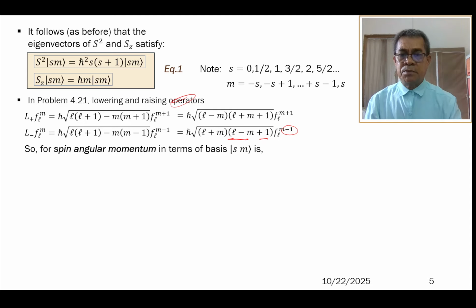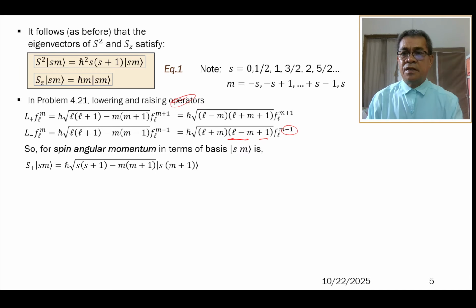Now, in spin angular momentum, in the basis of s and m, again s is the spin and m is a quantum number, and remember m depends on the value of the spin. If the orbital has a raising operator, then spin should also have a raising operator, represented by S plus.